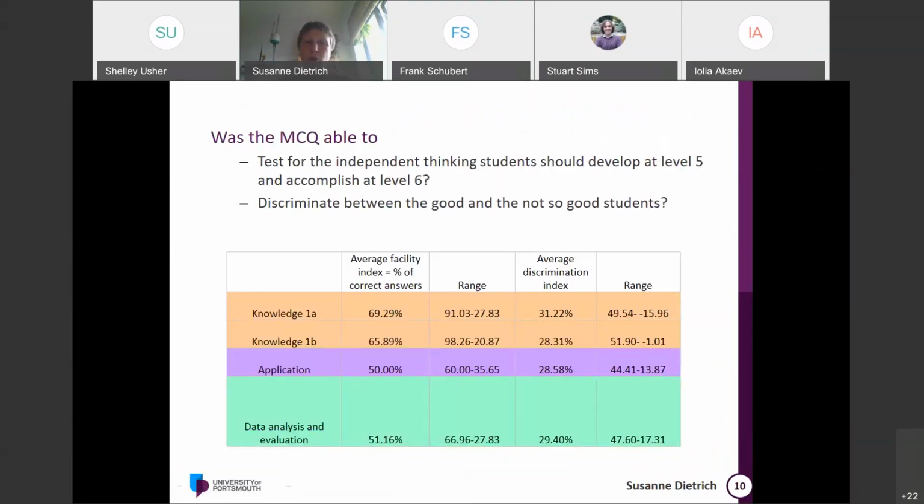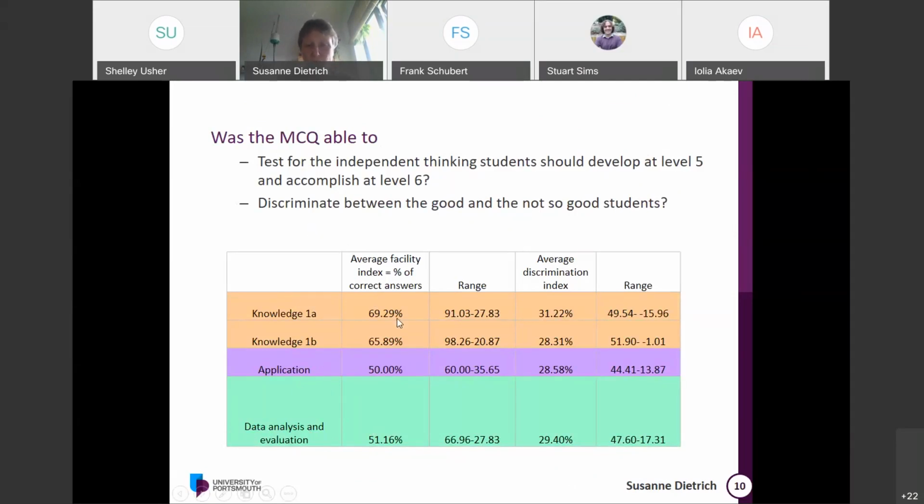This now shows you to which extent our MCQs were able to really test for independent thinking, and to which extent we were able to discriminate between the good and the not so good students. So you can see here again our knowledge questions, the questions asking students to show the application of knowledge, and then the higher cognitive skills. You can see here in this column the average facility index, which means the percentage of correct answers.